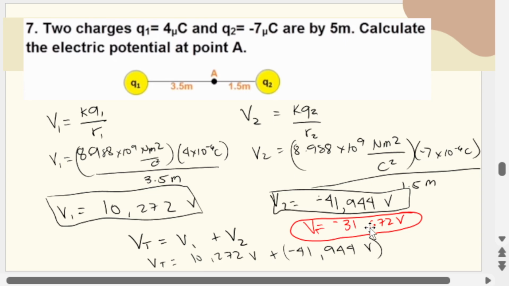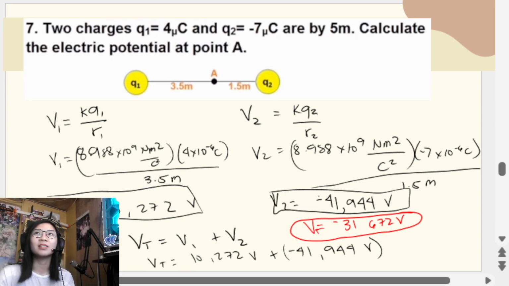And this is the potential that point A experiences. So negative 31K, that is the electric potential that A experiences.